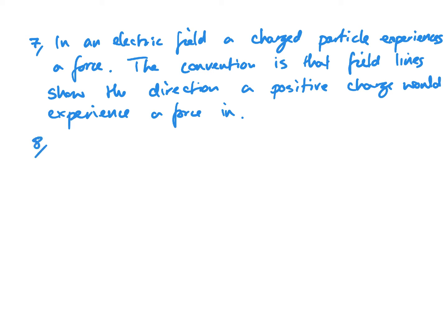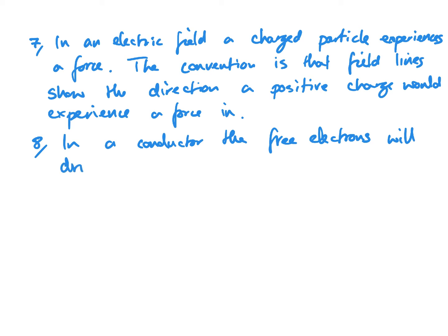And what this means then, we can use this to explain how conductors work. So, in a conductor, the free electrons, i.e. electrons which are not tightly bound to atoms, will drift towards the positive end of a power supply.